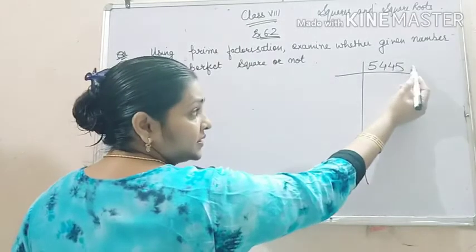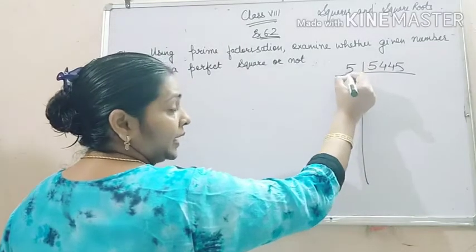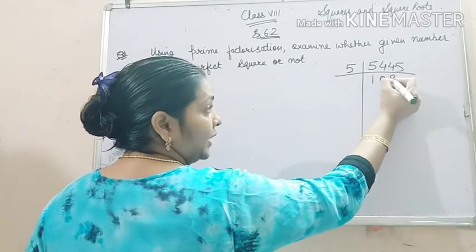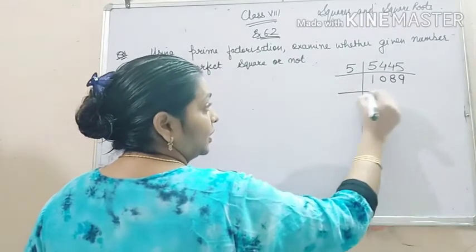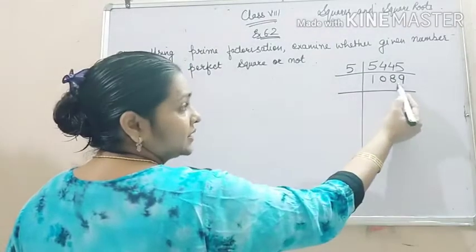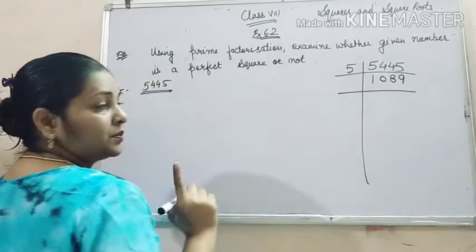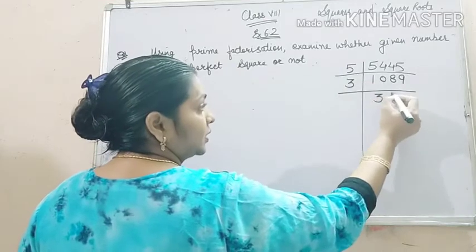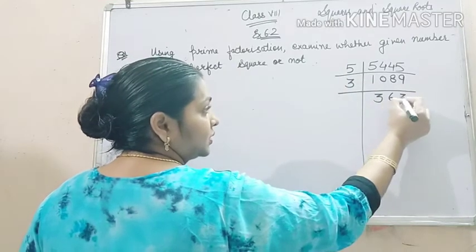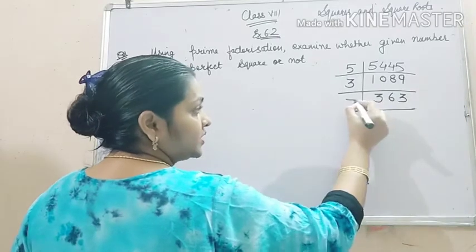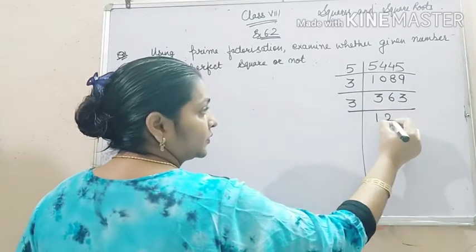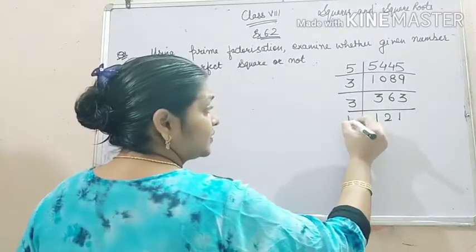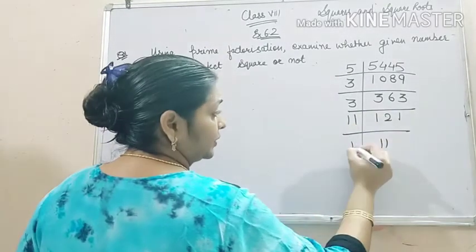As the last digit is 5, it is divisible by 5. 1089. Now you can add the digits. It is 18, so it is divisible by 3. Again it is divisible by 3. 121. It is divisible by 11.